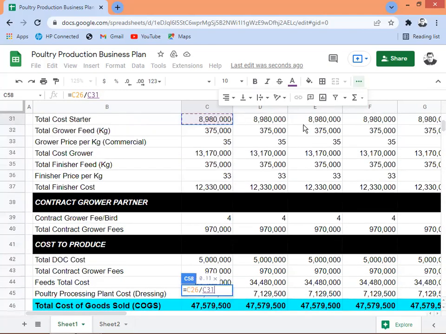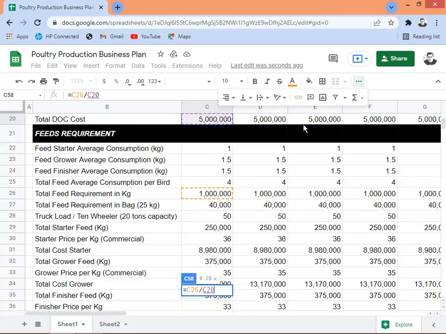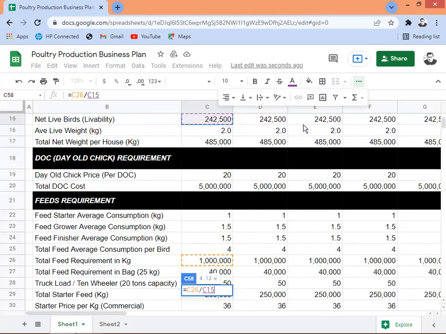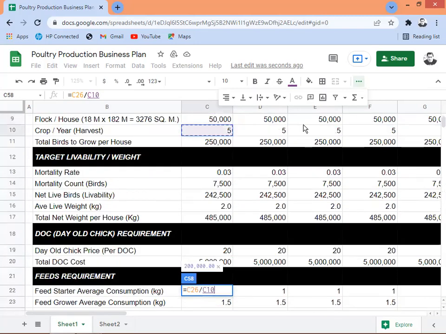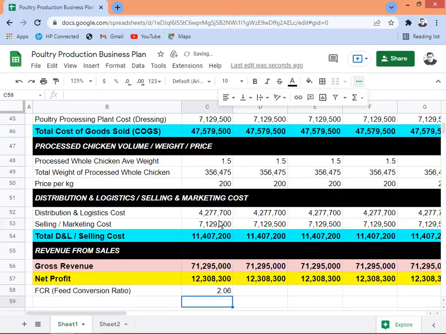That is a wrong answer. So it should be this one, total net weight per house in kilogram. This is already in terms of weight of the chicken. We're not getting the heads, the livability. We're getting the kilogram. Okay, so enter.